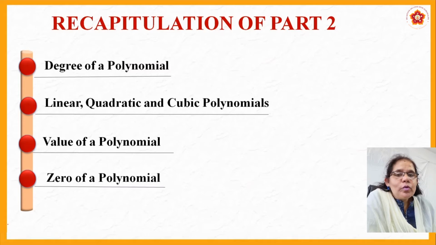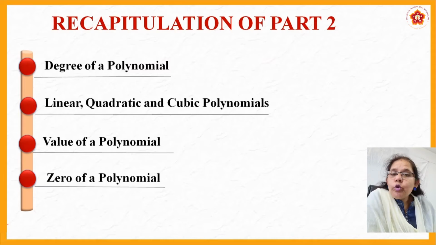If it is a single variable, we just see which is the highest exponent. If there is more than one variable, then we need to sum the exponents of every term, and whichever term has the highest value, that would become the degree of the polynomial.